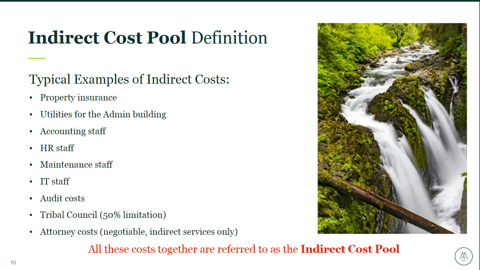And so those are a lot of the areas. There's plenty of others that come up, but those are the common ones. And again, the focus is on costs that benefit multiple programs. And so that's what gets included in your indirect cost pool.